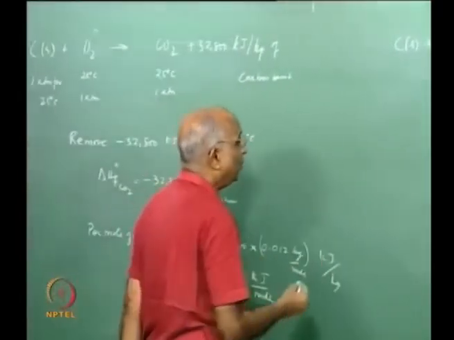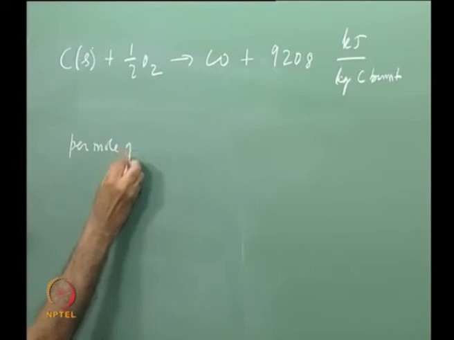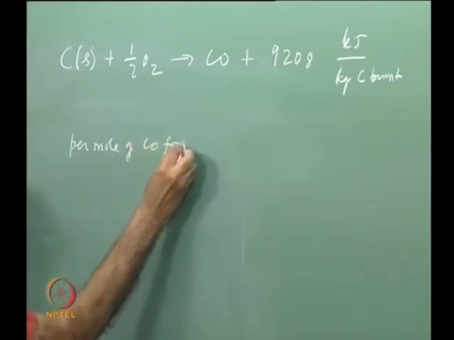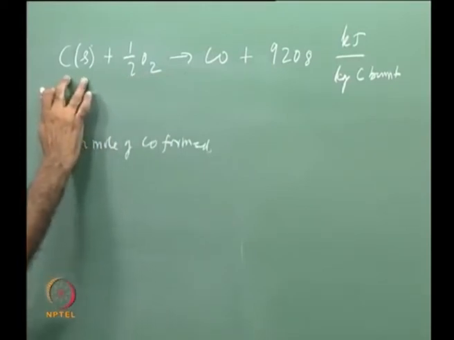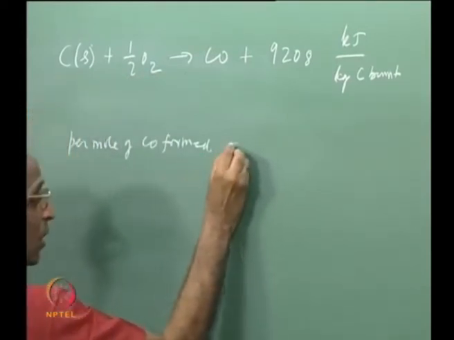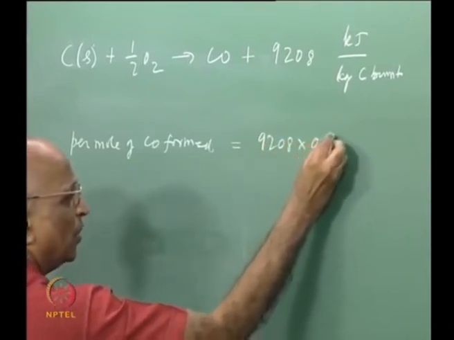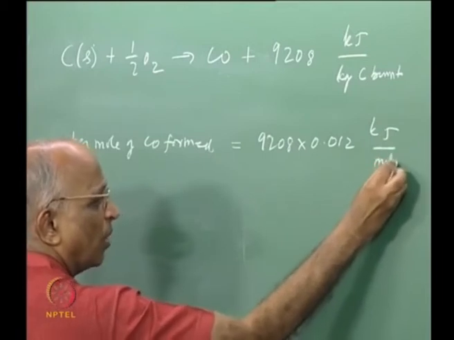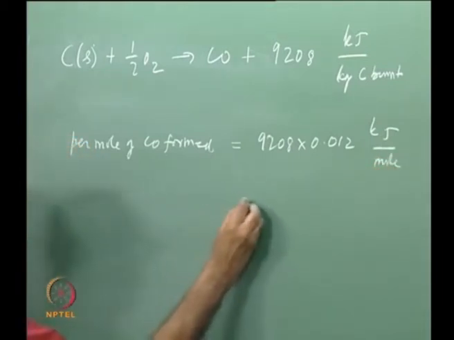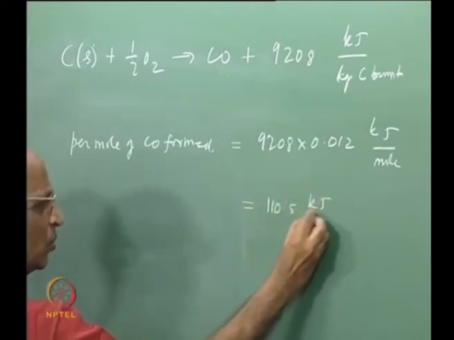Therefore, now I can quickly do it. Per mole of CO formed, to form 1 mole of CO I need to burn 0.012 kilograms of carbon. Therefore, I get 9208 into 0.012, so much kilojoules per mole of carbon monoxide, and this is equal to something like 110.5 kilojoule per mole.